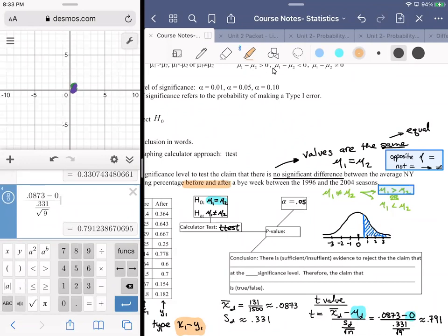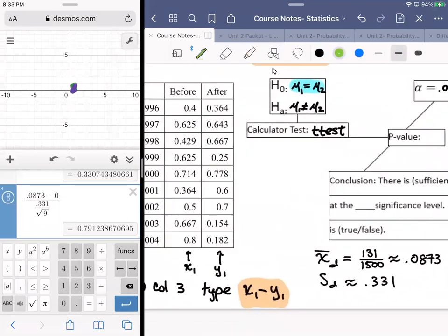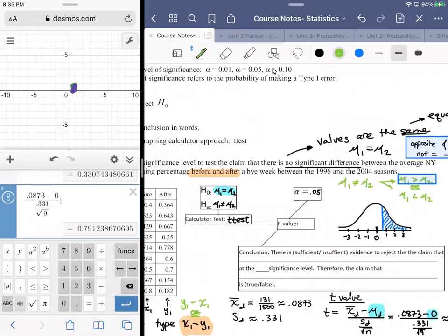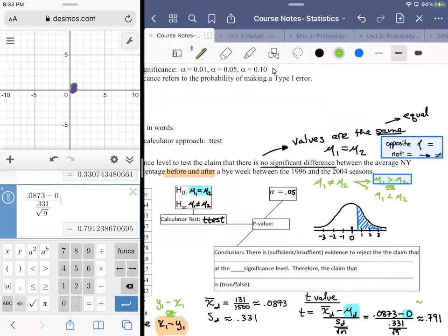So I'll make a little note of that. If we had done it that other way, then we would have gotten a different t value, negative 0.791. So reversing the order would have reversed the sign.